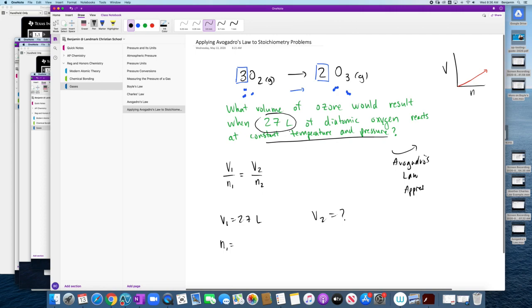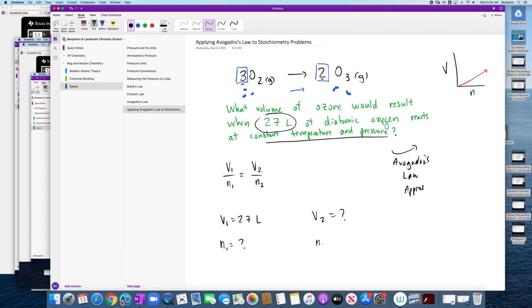We just don't know the number of particles here. This is the coefficient in the reaction, but we don't necessarily have 3 moles of oxygen here. We really don't even know how many moles of oxygen we have.